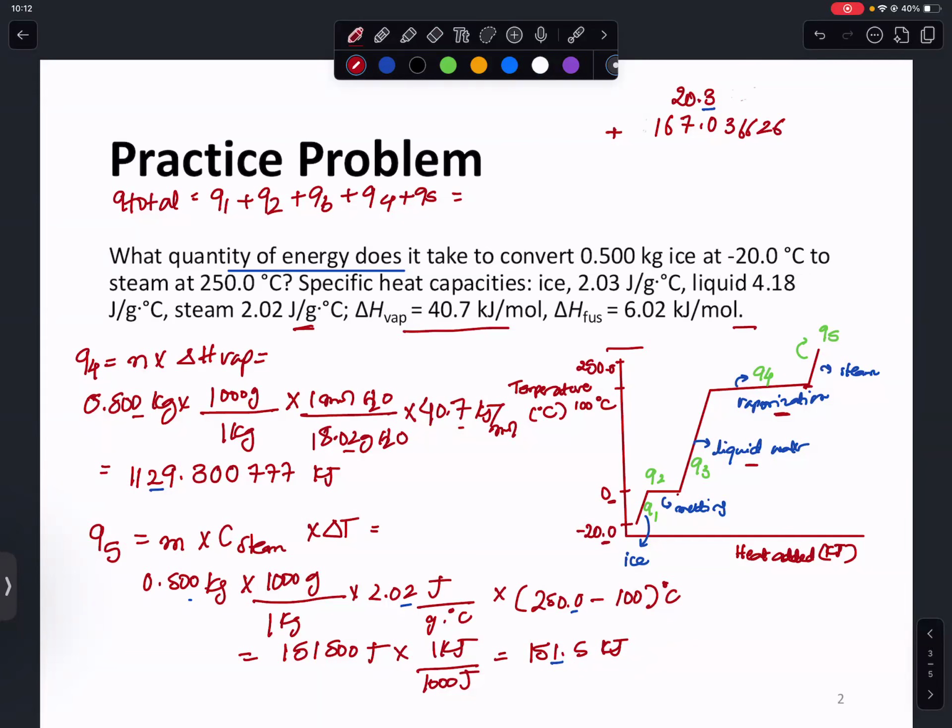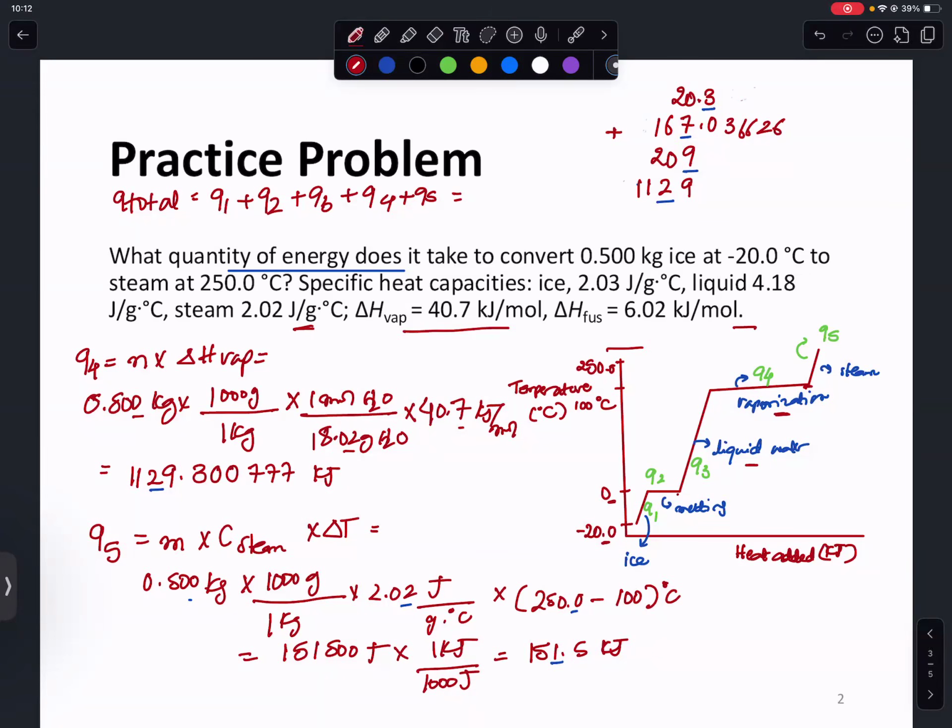Plus Q3, and the sig figs here were here. Okay. And then we have here 209 kilojoules. And then we have 1129.3, the sig figs are here in the tens place.